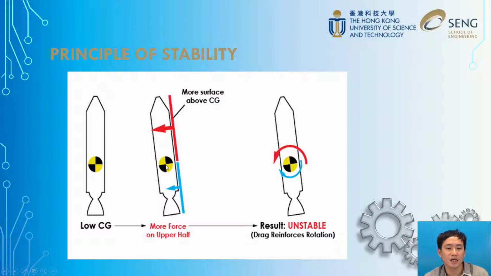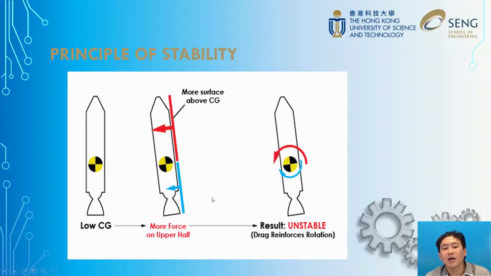Bear in mind that this rocket is still moving upward at a very high speed. So these air particles hitting the side of the rocket will generate a force. And because the center of gravity is towards the bottom part of the rocket, the force above the center of gravity is a lot larger than the force below the center of gravity, if we assume that the projected area is similar throughout the whole rocket.